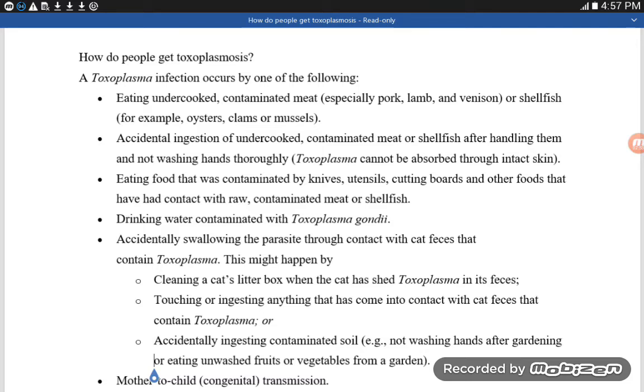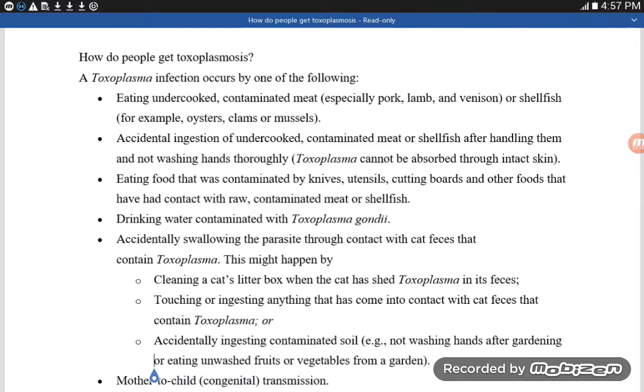Next, eating food that was contaminated by a knife, utensil, cutting board, or other food that has had contact with raw contaminated meat or shellfish. This is very important. In our household, kitchen or hotels, wherever, we use knives, utensils and cutting boards for all the cutting work, for cutting vegetables, sometimes fish, sometimes meats.